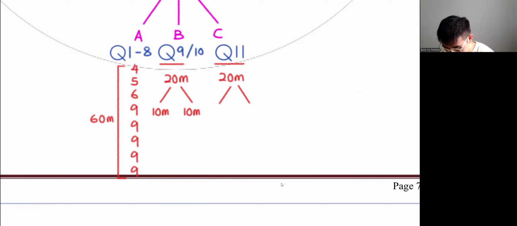So for the first 10 marks, that's it. Then after that, another 10 marks will be the essay question. Let me write down here. The 10 marks here are going to be the essay questions.